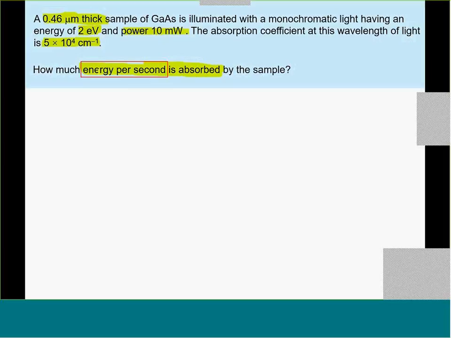So let's have it graphically. We know that that's our incident excitation energy, the intensity of the incident light, and the intensity of the transmitted light. And we know that it has a power of 10 milliwatt.